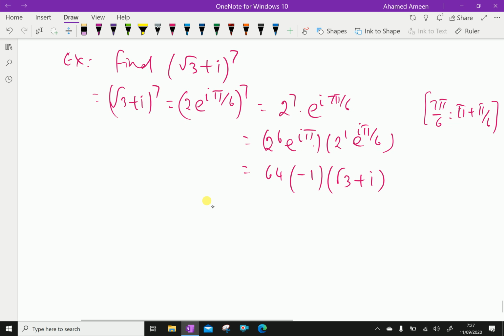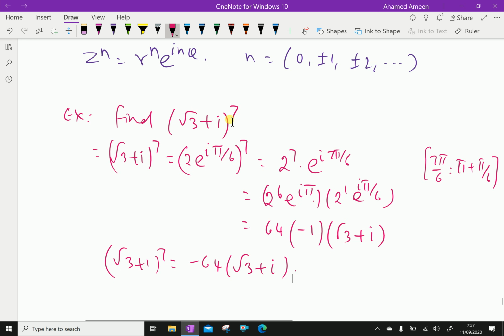So therefore root 3 plus i power 7 is minus 64 into root 3 plus i. Like this we can express any power of a complex number quickly.